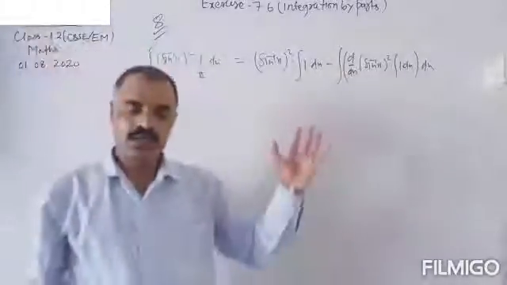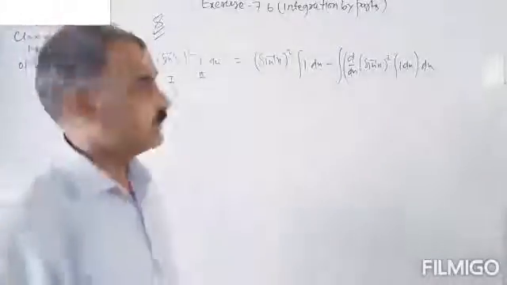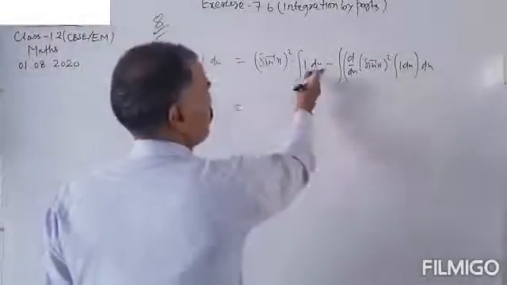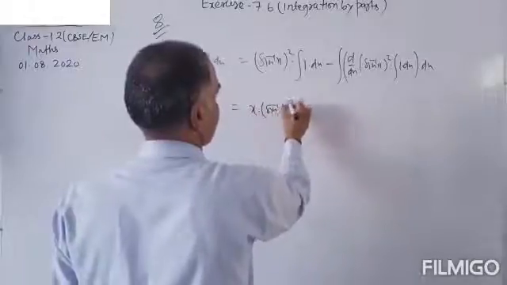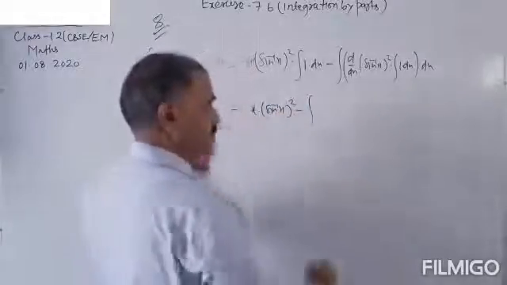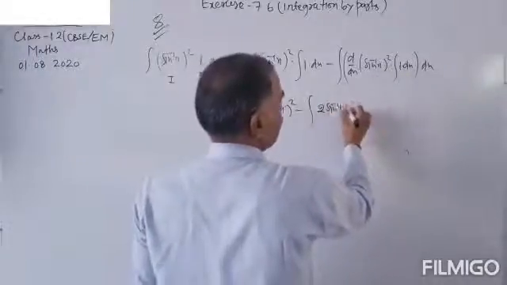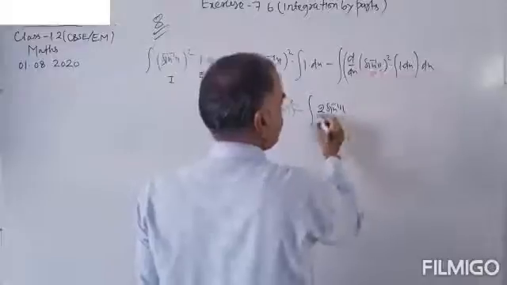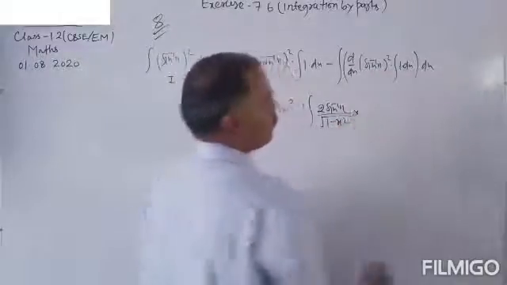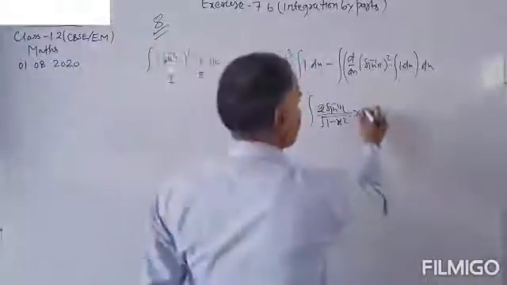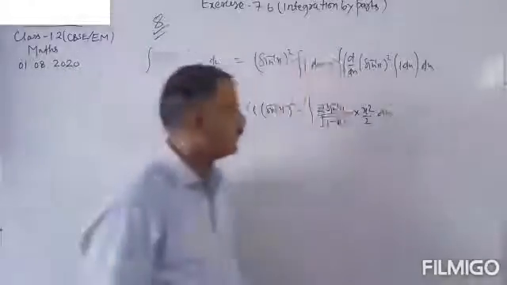Okay, now I have used the formula for the integration by parts. Now this is equal to, integration of 1 is x. So x into (sin inverse x) square minus differentiation of (sin inverse x) square, that is 2 sin inverse x, and differentiation of sin inverse x is 1 upon under root 1 minus x square, into integration of 1 which is x dx.